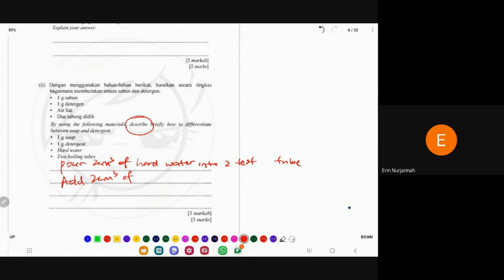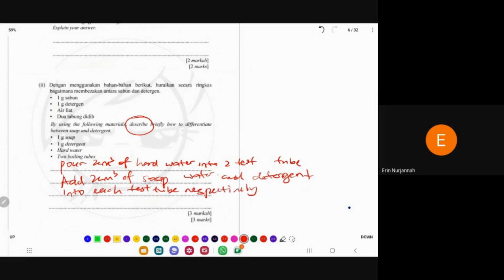Describe the differentiation between soap and detergent. Then pour 2 cm cube of soap water and detergent separately into each test tube respectively.